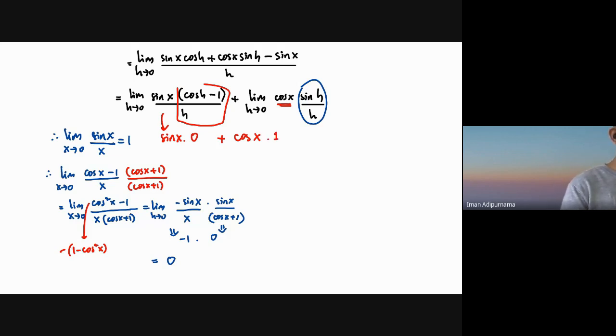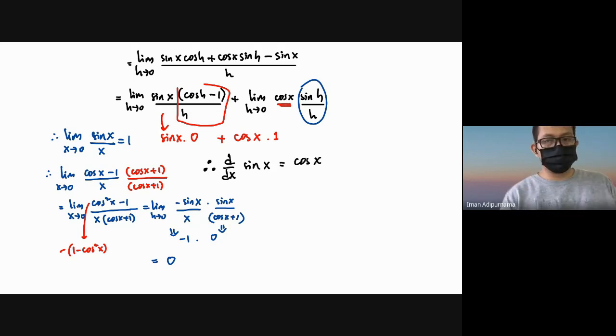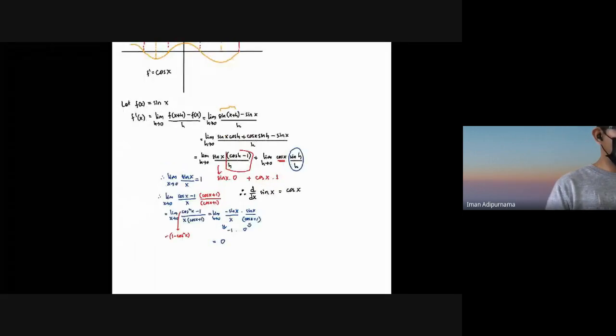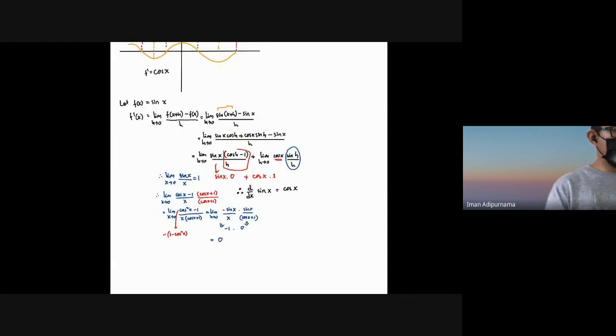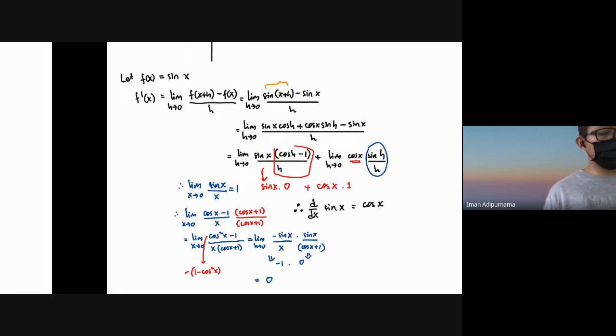So in conclusion, we get d dx of sine x is equal to cosine x. Okay, that's the trigonometric function sine x.